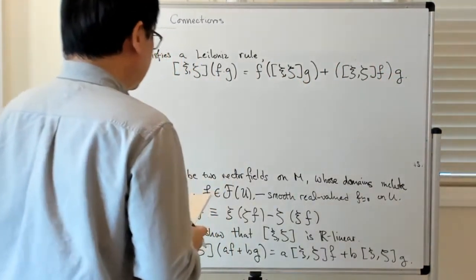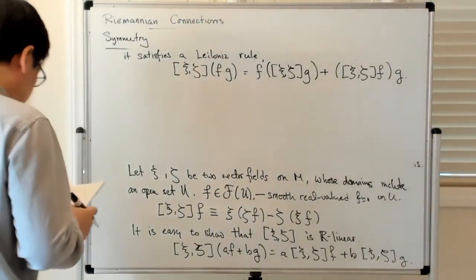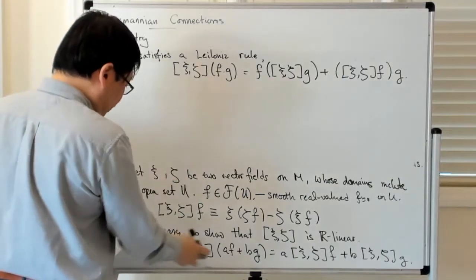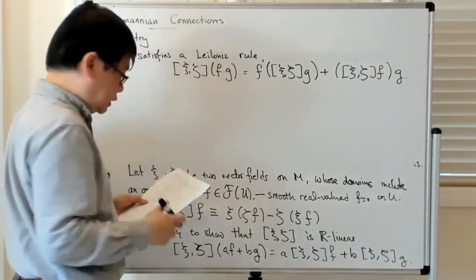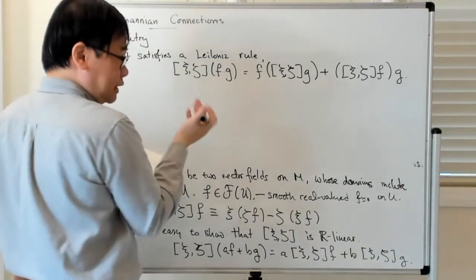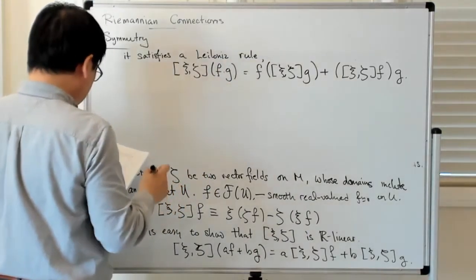Okay, so what happens then? These two properties prove that this thing is an honest to goodness vector field, in the sense that it acts as a derivation on scalar valued functions.